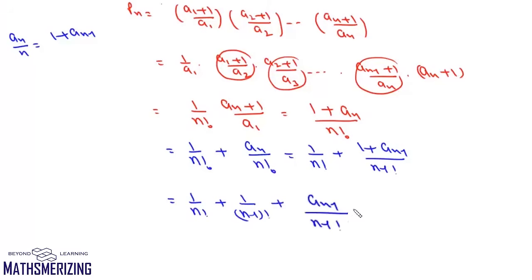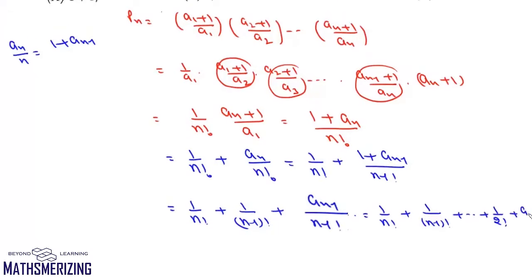Now if we continue in the same fashion, in the end we'll get 1 upon factorial n plus 1 upon factorial (n-1), up to 1 upon factorial 2 plus a2 upon factorial 2. Now a2 upon 2 is 1 plus a1 and a1 is 1. So it will be 1 plus 1 upon 1.